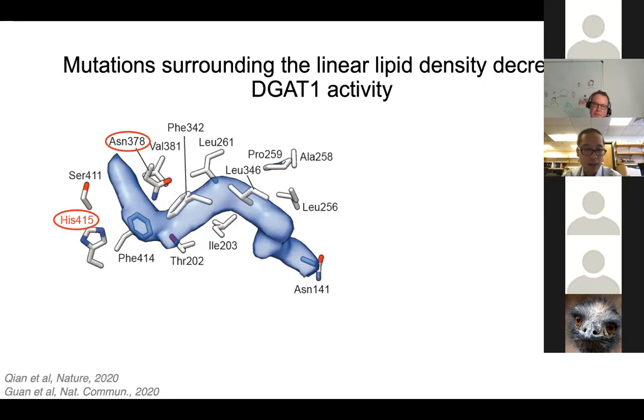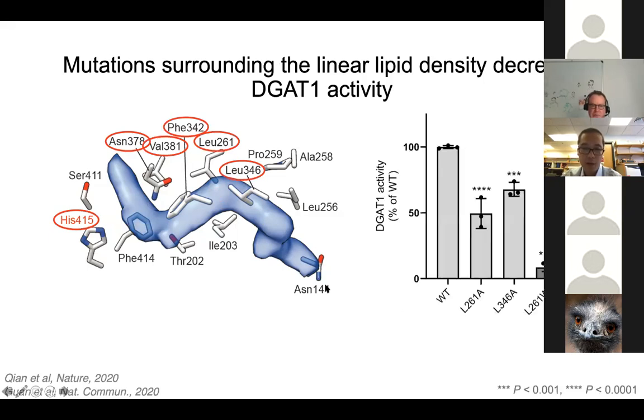And to show this portion is important for the activity, we did some mutation in this area. For example, as you can see here, leucine 261, we mutated this to tryptophan, trying to block the tunnel. By doing that, only 10% activity remained.